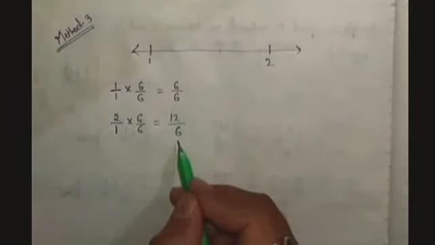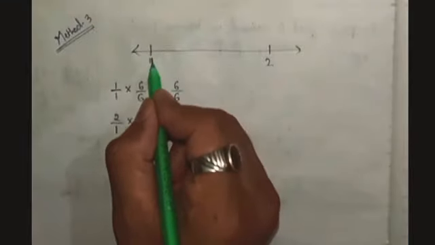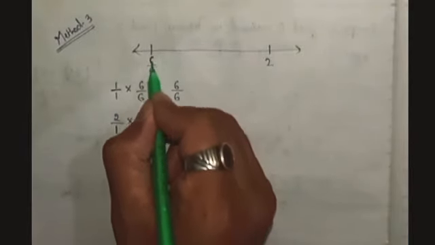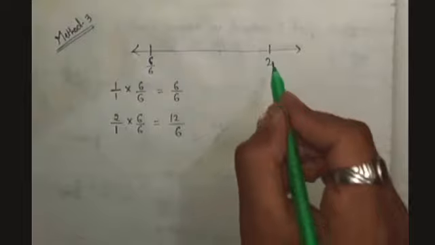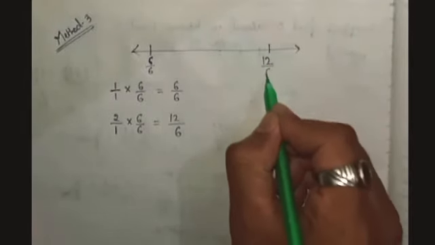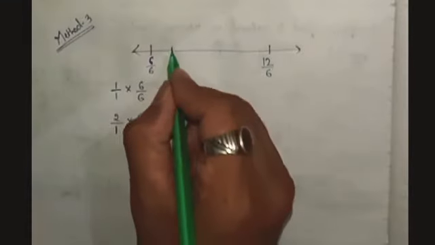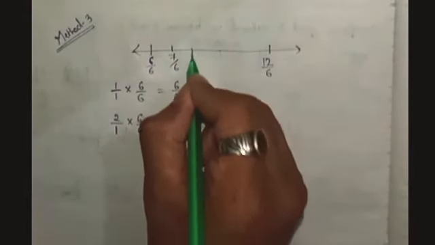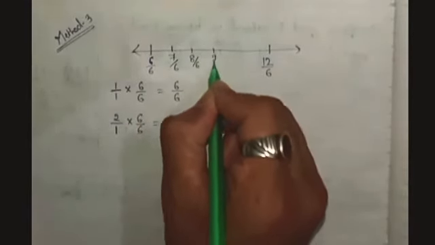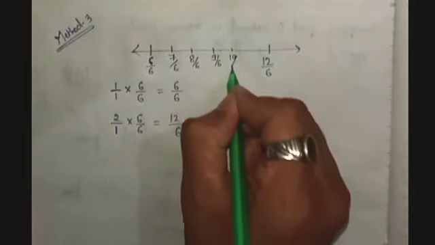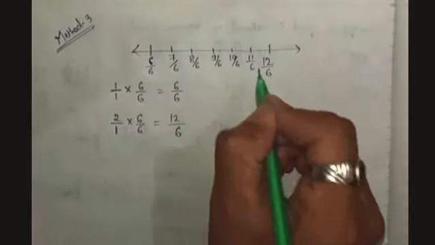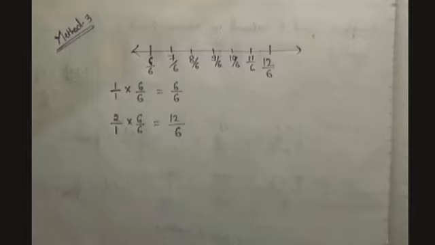Now both denominators are the same, that means this 1 will change to 6 by 6, and this 2 will change to 12 by 6. Now I have to write 5 rational numbers between this. So I can simply write 7 by 6, 8 by 6, 9 by 6, 10 by 6 and 11 by 6, and you can reduce it to lowest form.